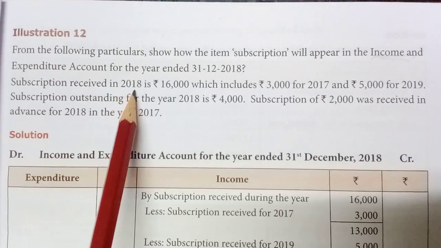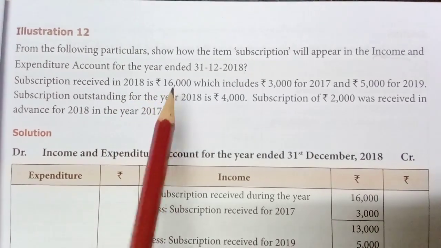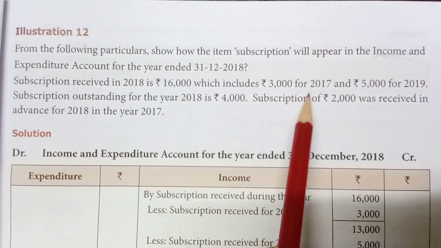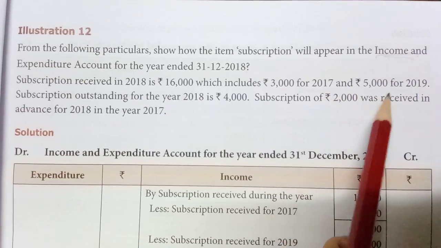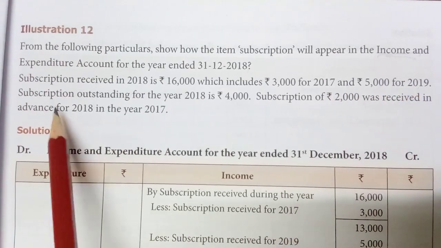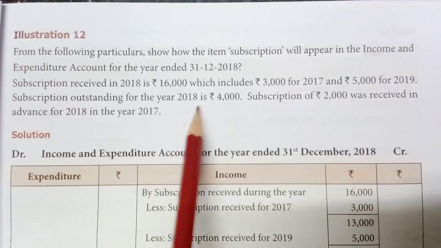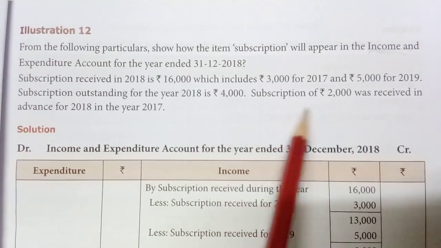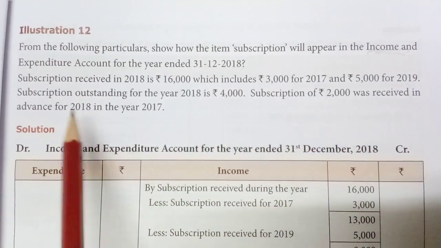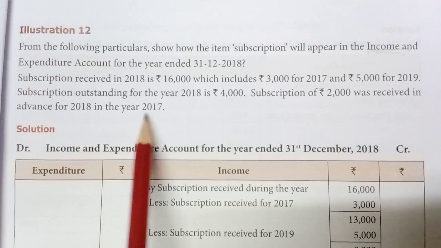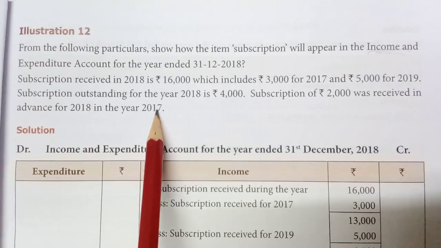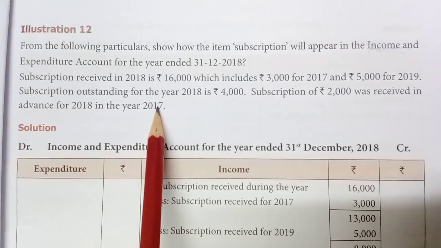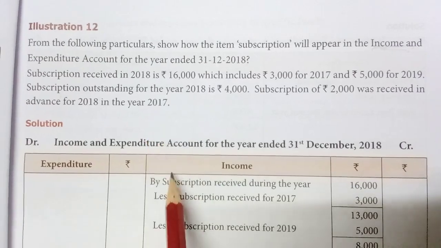Subscription received in 2018, 16,000, which includes 3,000 for 17 and 5,000 for 19. Subscription outstanding for the year 18, 4,000. Subscription 2,000 was received in advance for 18 in the year 17. This one is the same as the 10th one. That's why I will show how it is done.